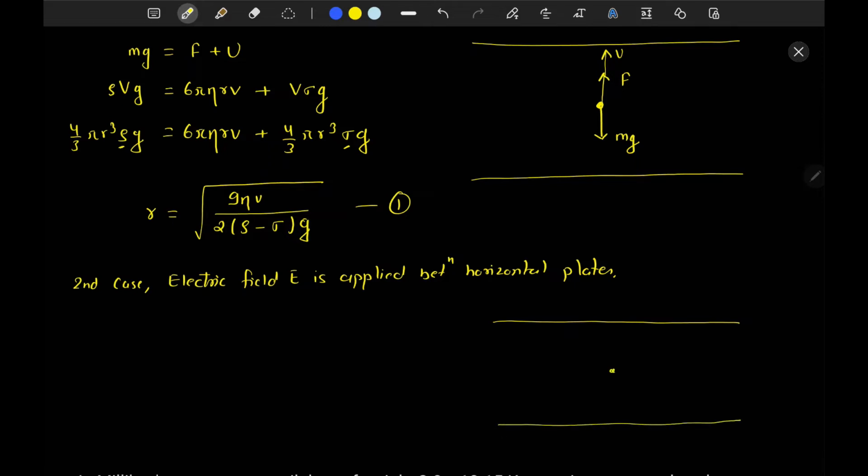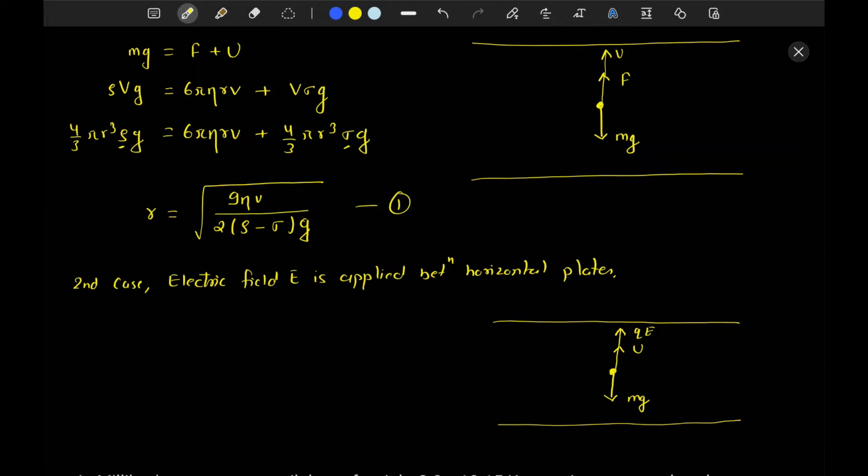In that case, the forces on the charged particle will be mg, its weight, the electric force in the upward direction, QE, charge into electric field, upthrust in the upward direction, and the viscous force, which will depend on the direction of motion of the charged particle. If the charged particle is moving down, the viscous force is upward. If the charged particle is moving up, the viscous force is downward.